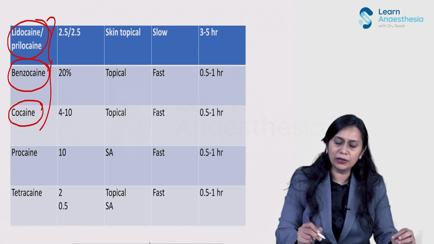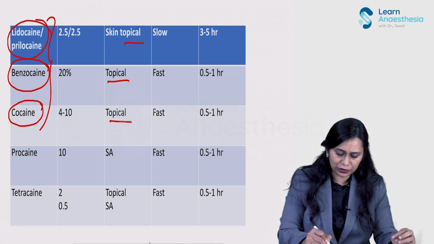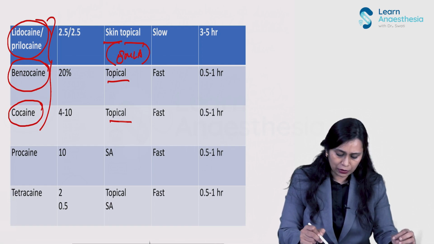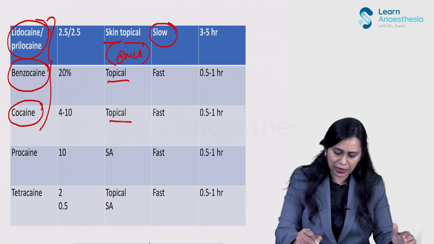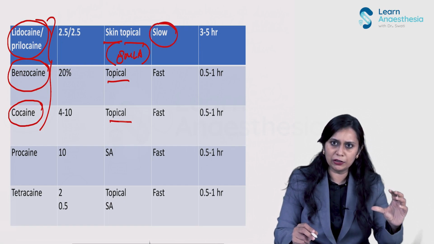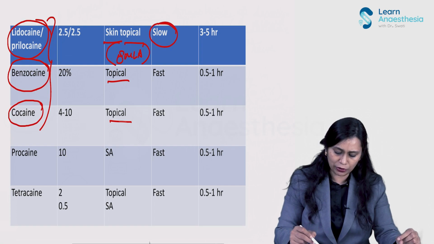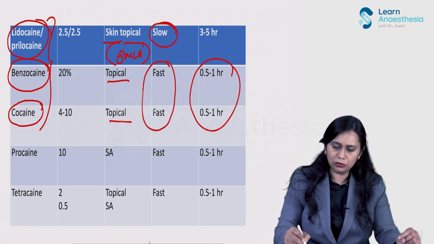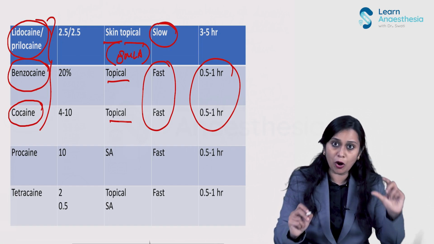This is very commonly used for topical, and lidocaine and prilocaine for skin topical also in the form of EMLA cream. Okay. Now, onset of lidocaine and prilocaine, the EMLA, is slow. We need a contact period of minimum 1 hour, and we get analgesia for 3 to 5 hours. Benzocaine and cocaine have a fast onset but a short duration of action.